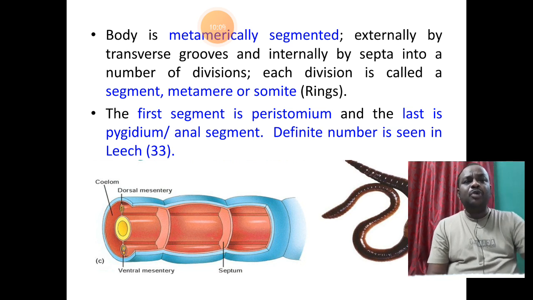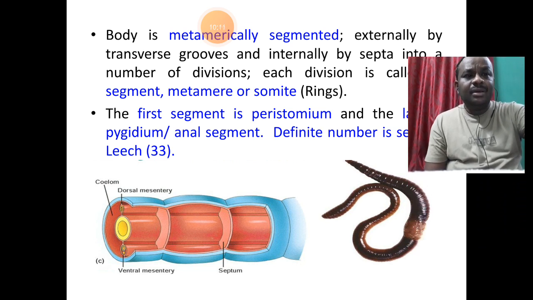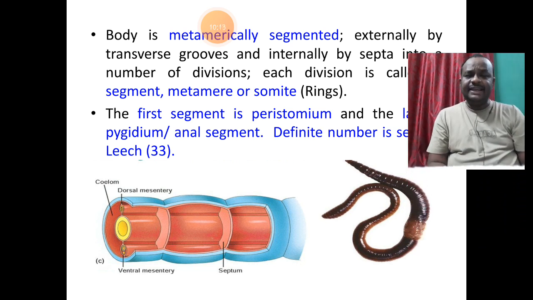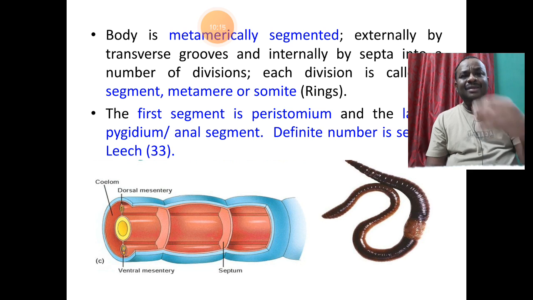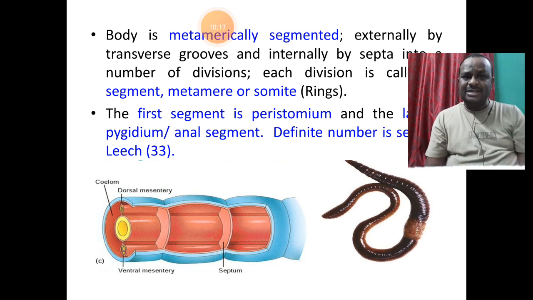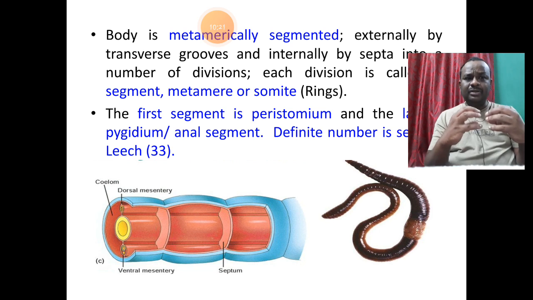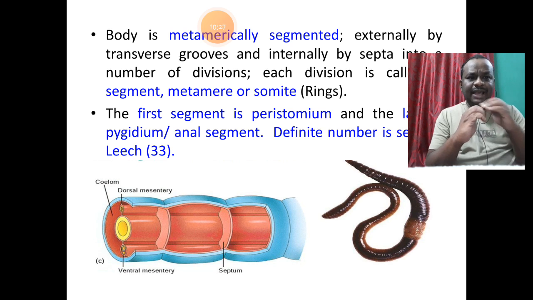Generally, when we look at the body of this animal externally, it shows ring-like segments. When neighbor ring-like segments are joined, it shows a kind of groove at the center.